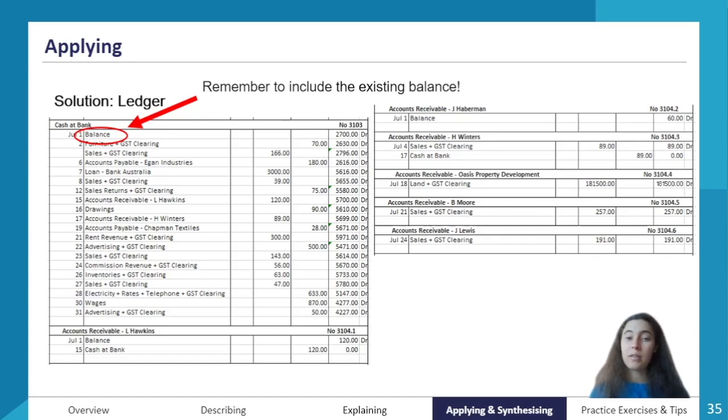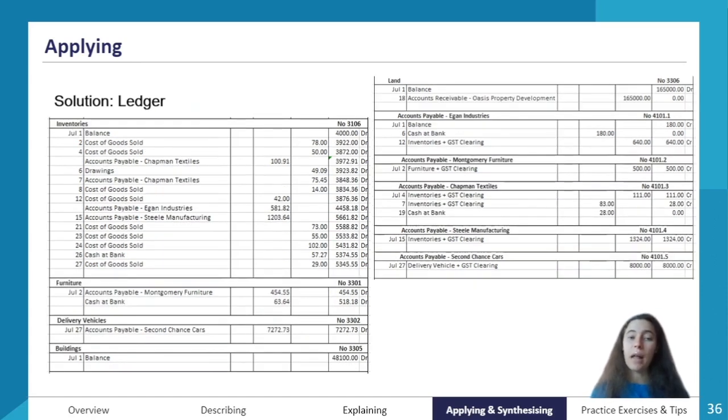And then this is then reflected in our trial balance as well. So you can see again, we've got the balance here for inventories too. And the same thing can happen for accounts payable. If we've paid off an accounts payable account, like we did for Chapman Textiles, then we end the period with a zero balance for that account.